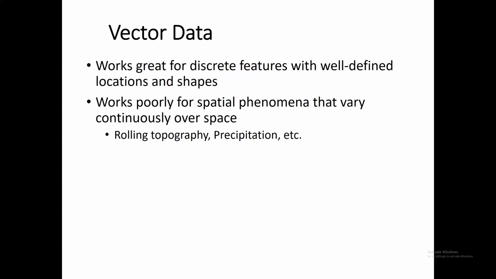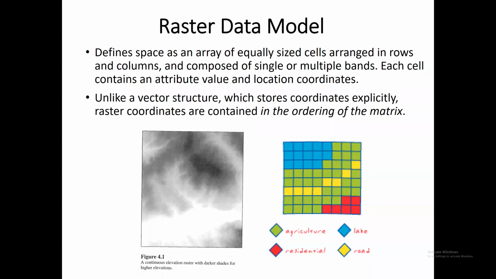Vector data don't work as well for spatial phenomena that vary continuously over space. So topography, precipitation, temperature, these types of things are not typically represented by vector data. Instead, they are represented by raster data.